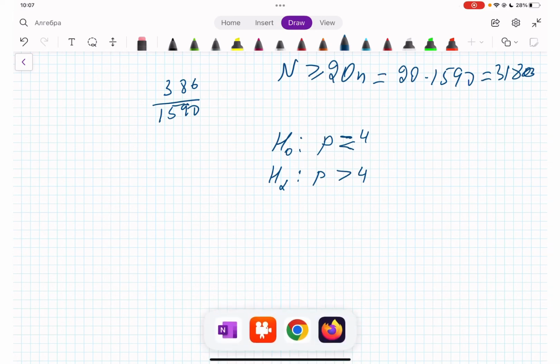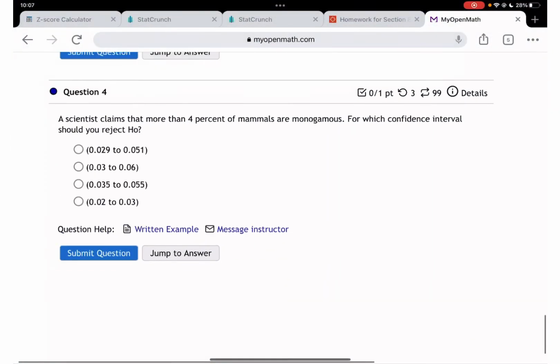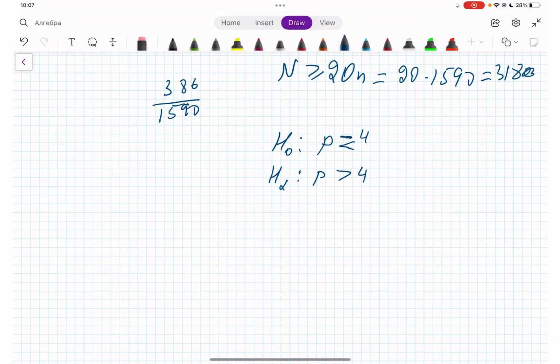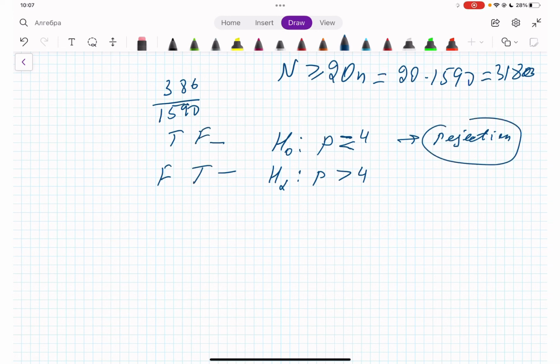So let's read one more time. It's asking for which confidence interval we should reject the null hypothesis. We need to figure out which one is going to be in the form of rejection. We know that null and alternative are complements, meaning if one is true, then the other is false. Rejection is a synonym to false.